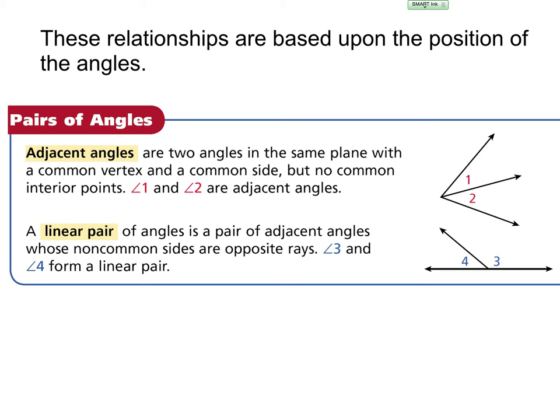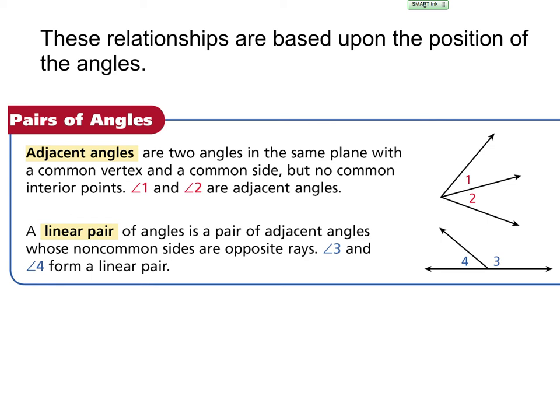As far as your notes, you'll want to add some pictures, maybe some explanations. Adjacent angles are two angles in the same plane, so they're flat on the same surface. They have a common vertex and a common side, but no common interior points. In other words, they're hooked together at the corner, sharing a ray, side by side, not overlapping.